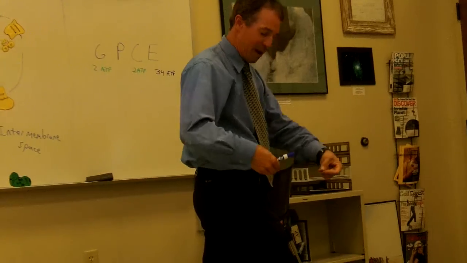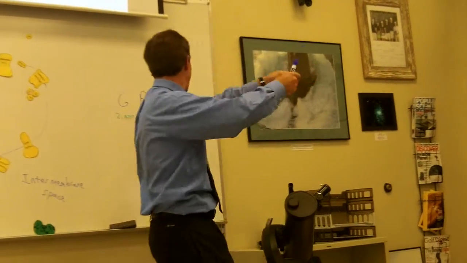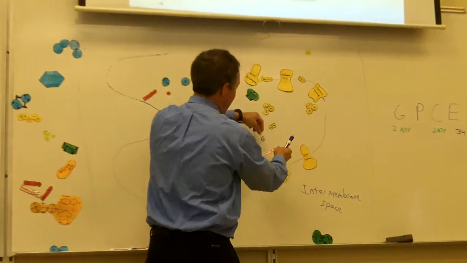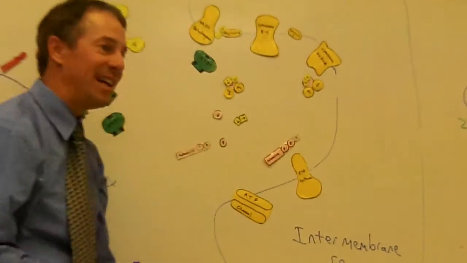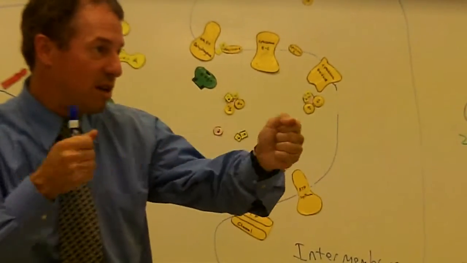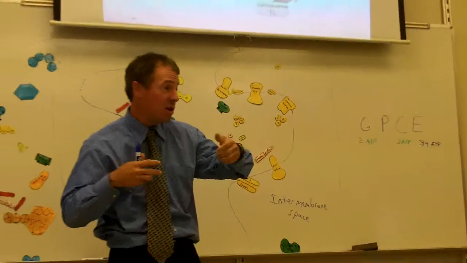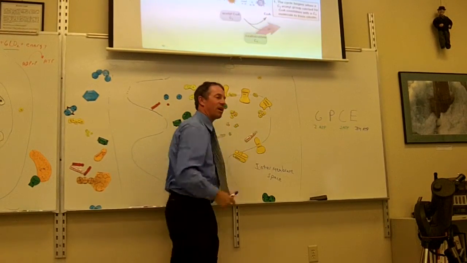Then they break apart, and the ADP and P will float back into the mitochondrion and get put back together again. And that's what ATP does. It just cycles around cells, getting torn apart whenever it's used, releasing its energy, and then going back to the mitochondria to get put back together.